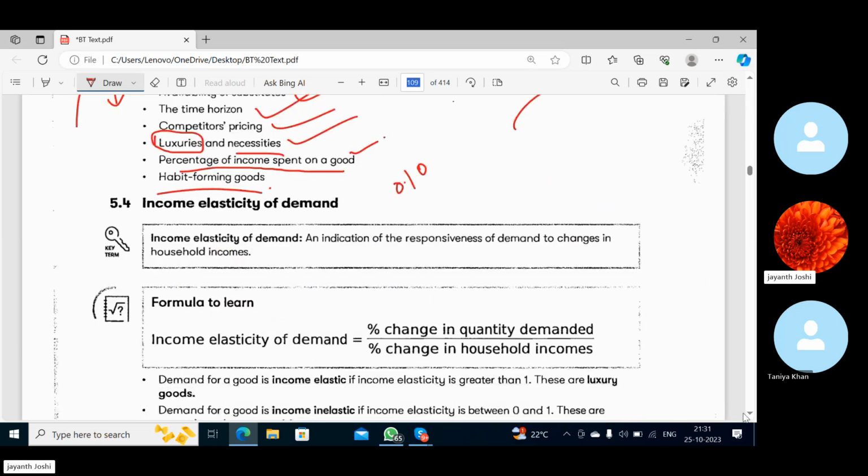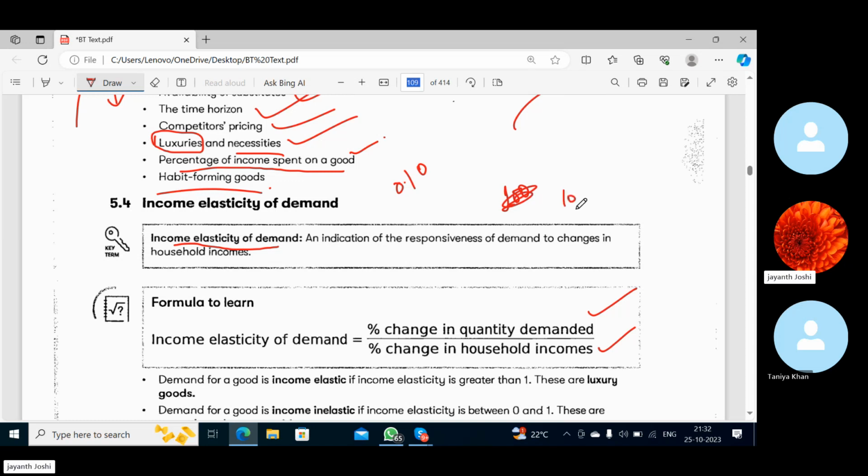Income elasticity of demand has already been explained to you: how a person's demand would change with changes in income levels. I have already given you the example of the chips packet. Income elasticity of demand is the responsiveness of demand with respect to changes in income, which is different from price, another factor which can have an impact on quantity demanded.